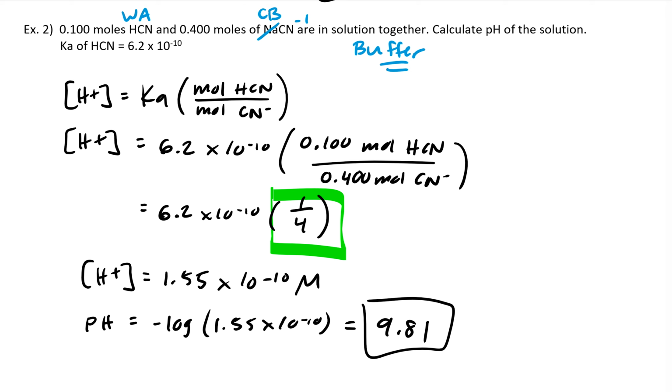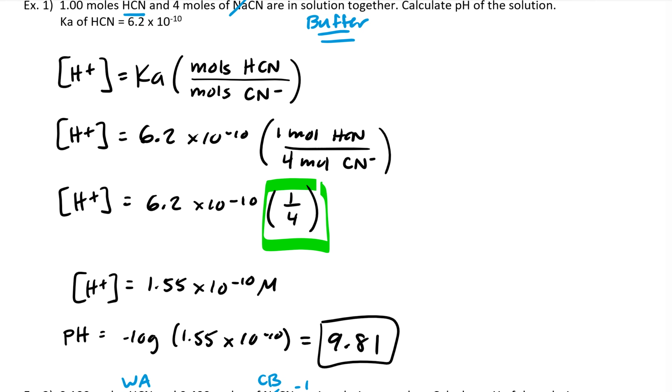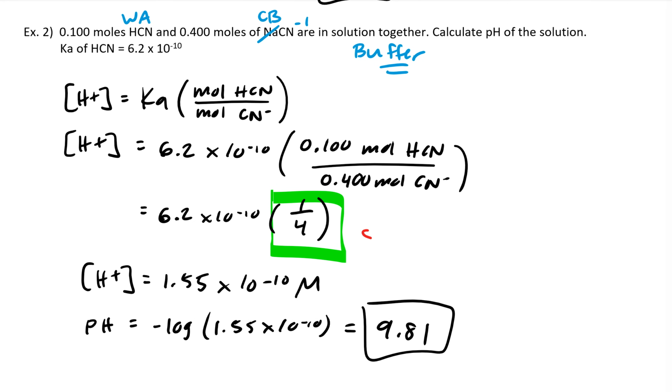And also, this mole ratio that I've highlighted, this 1/4 in both problems, okay, because the mole ratio is the same in both problems, the concentration of hydrogen is the same in both problems, so therefore your pH is the same in both problems.